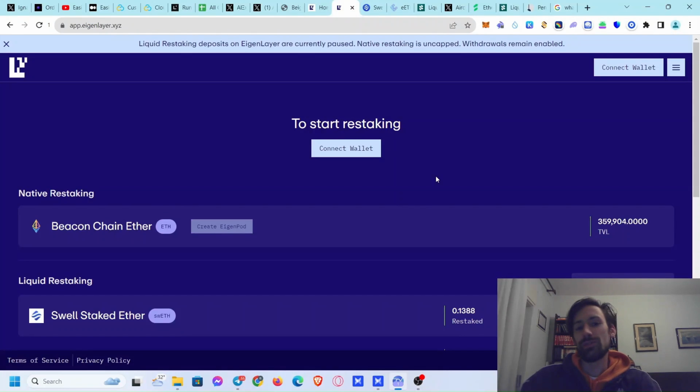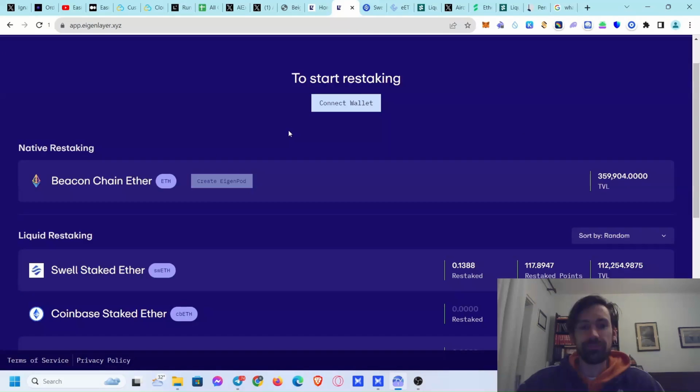So what can we do to qualify for the Eigenlayer airdrop and potentially other restaking protocols as well? First things first, the native restaking remains uncapped, so you don't need to wait for February 5th to actually start employing these strategies. You can simply connect your wallet and deposit your ETH natively to their validator.